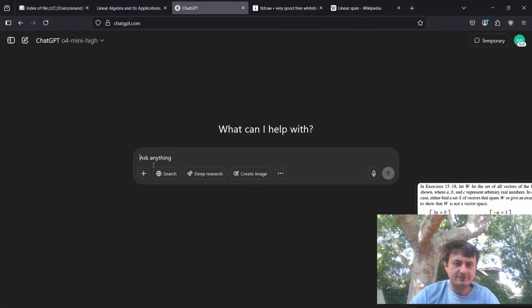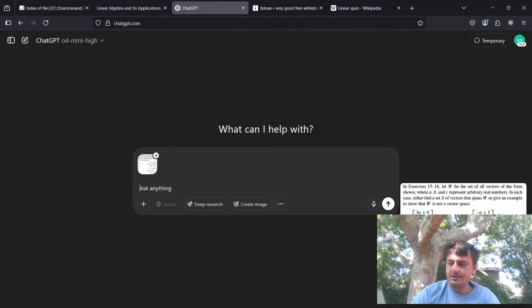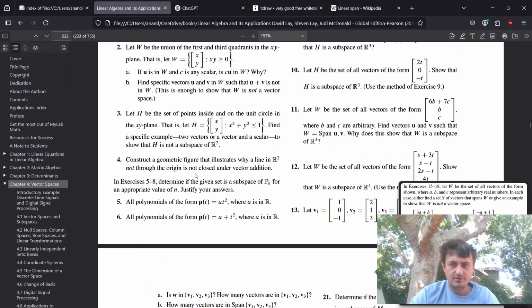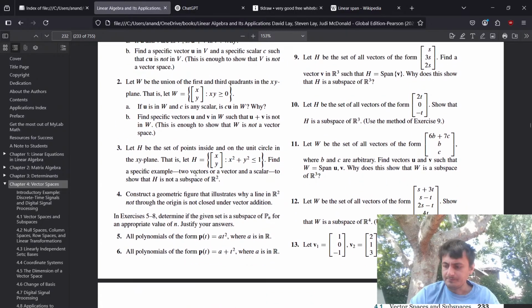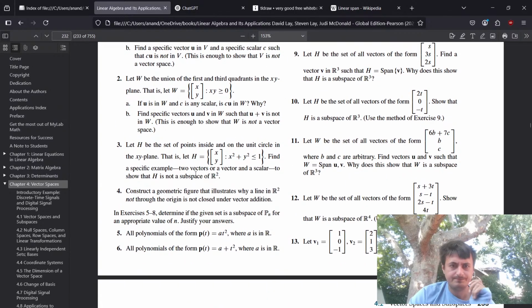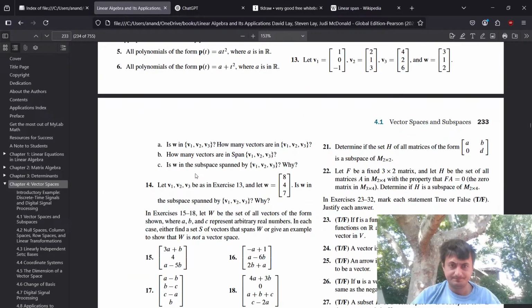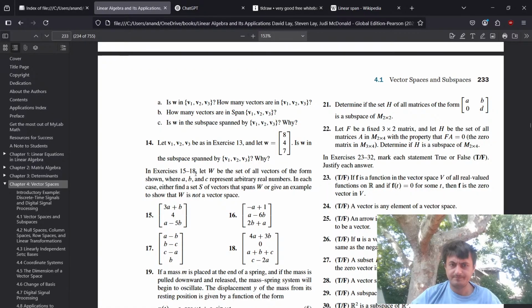All right, we'll do these for answers. Actually, wait, maybe we'll do it at the end. So not a vector space. Okay, 6. Yeah, we'll just do it at the end.